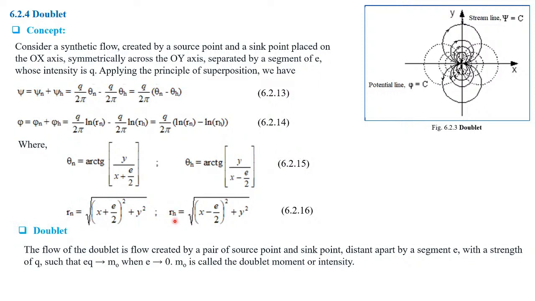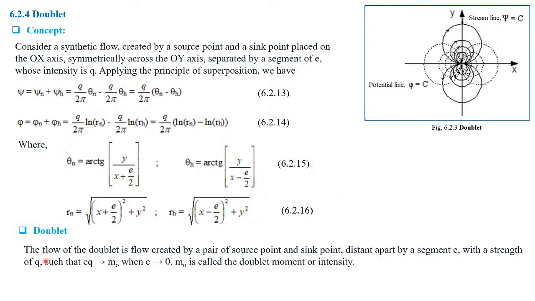For r of the sink, r equals x minus x0, because x0 equals e over 2, and y minus y0 to the power 2, and y0 equals 0.